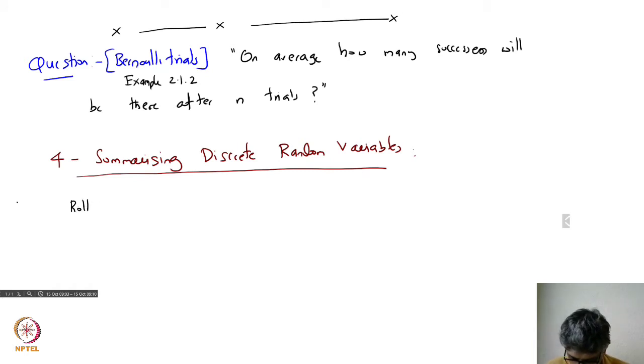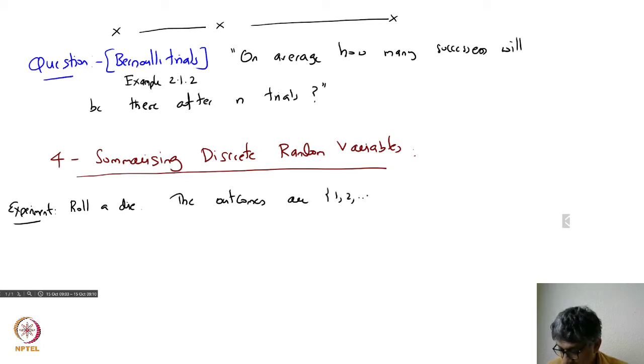Let's go back to the old idea of an experiment. We roll a die. The outcomes are 1 up to 6. Then you want to know what's the average outcome. Right? So what's the average outcome?